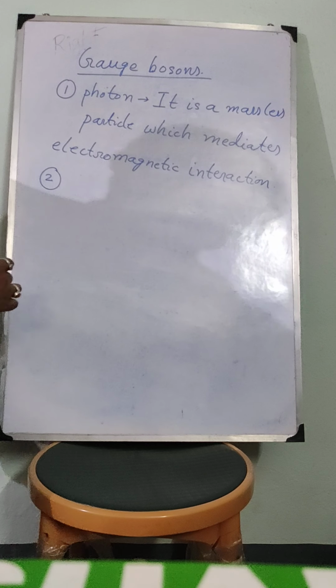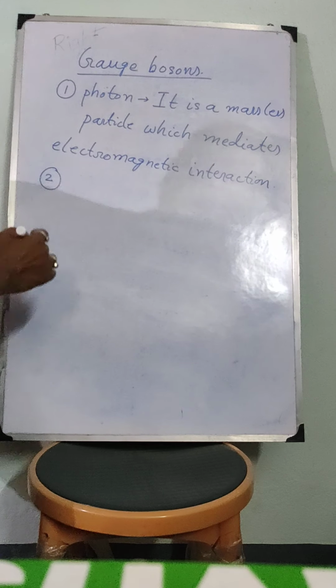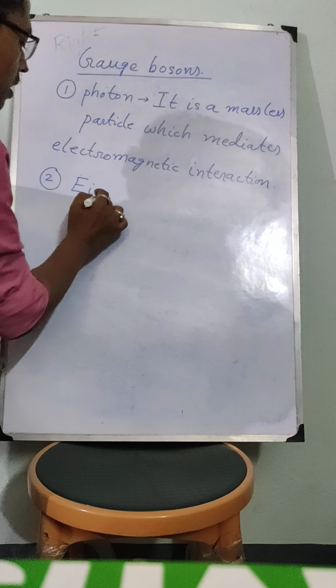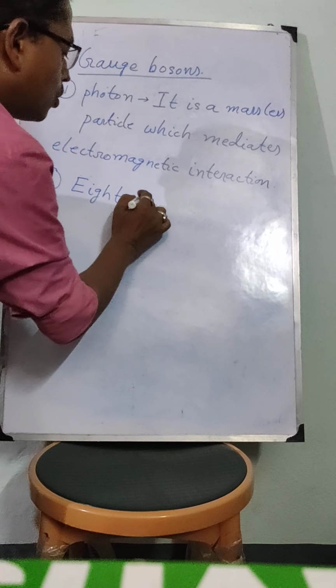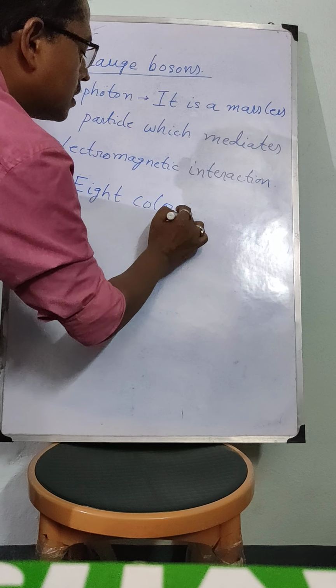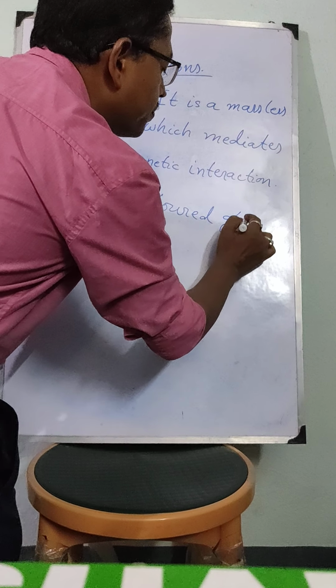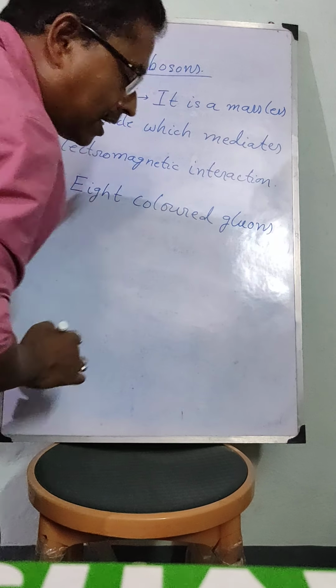Okay. Then after the photon come 8 kinds of gluons. 8 colored gluons, meaning gluons are the particles which have color charges.